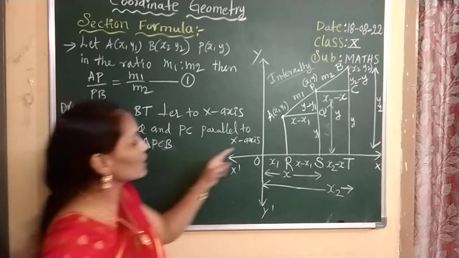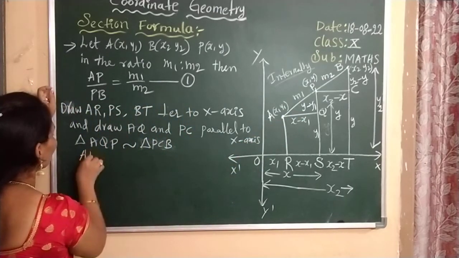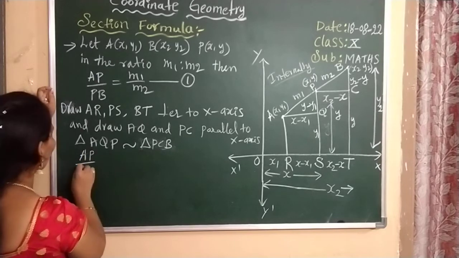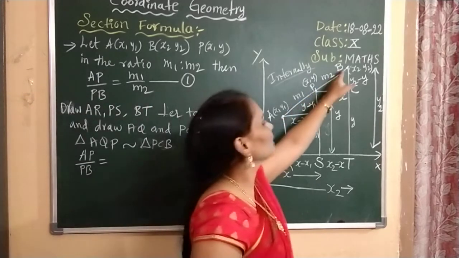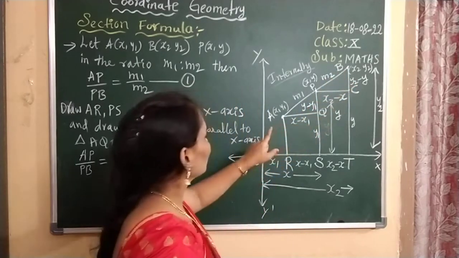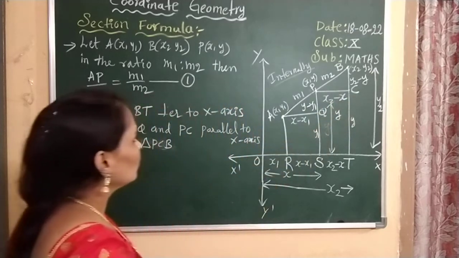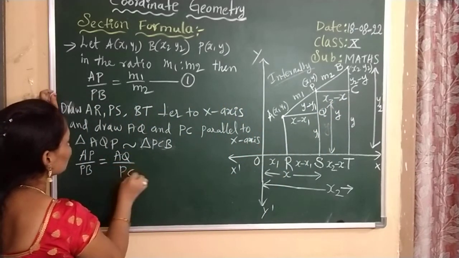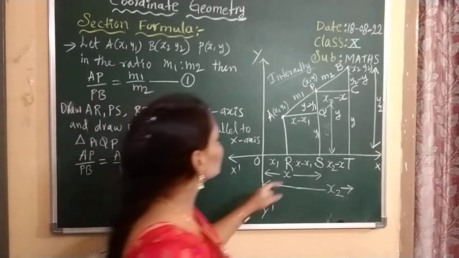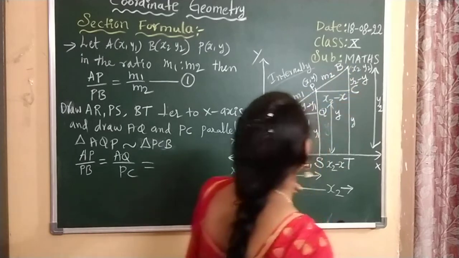Whenever two triangles are similar, then we can write ratios. AP by PB is equal to AQ by PC, which is equal to PQ by BC.